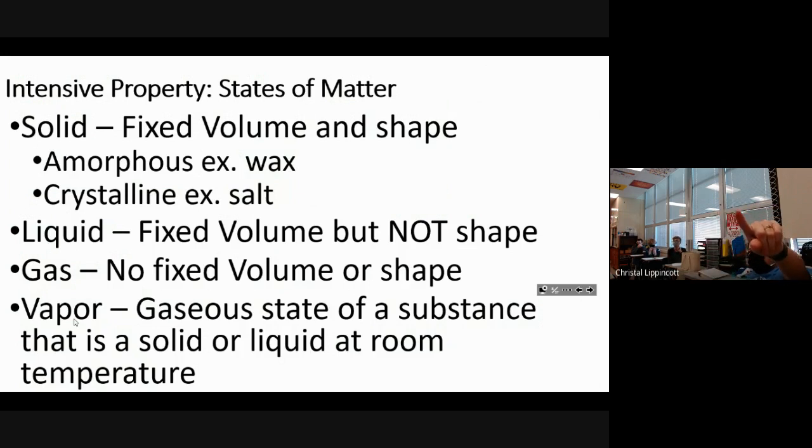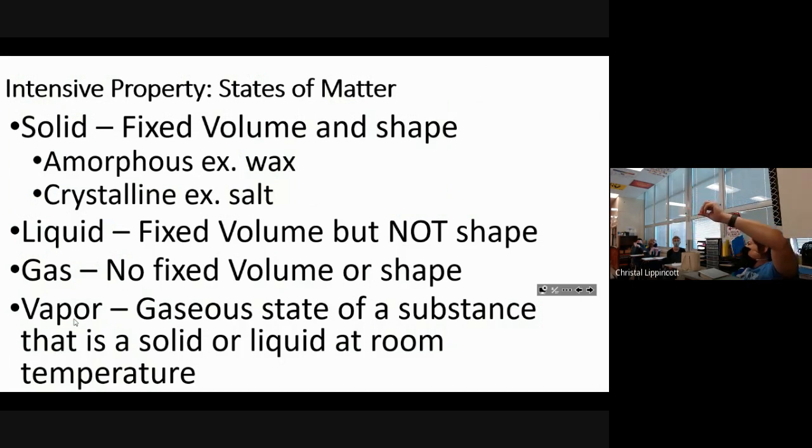So vapor is anything that's a solid or a liquid at room temperature normally. So water, for example, at room temperature is a liquid. But if it's in the gas state, then it's considered a vapor. So you boil water, the stuff that's coming up off of the water is vapor. They give it a special term, steam, when it applies to water specifically.